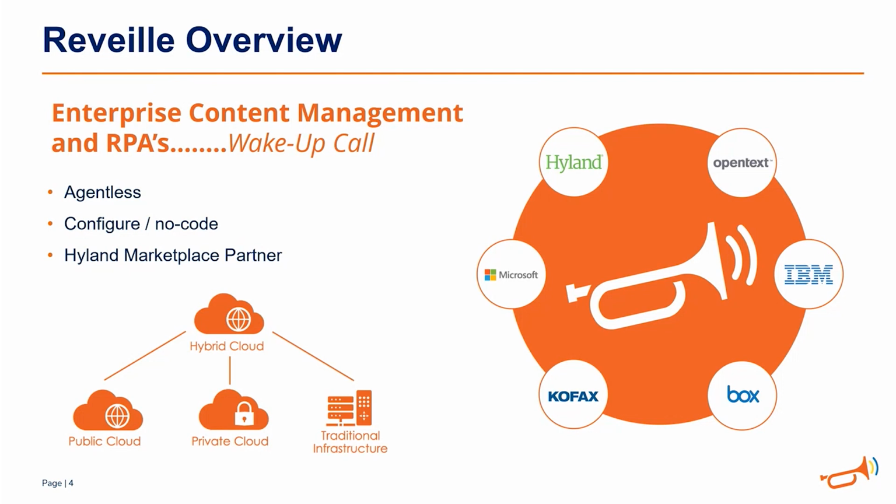What that means, and for you folks who were at Community Live, we focus on things like Hyland OnBase, Alfresco, and RPA, as well as solutions offered by OpenText, IBM, Box, Kofax, and Microsoft. So pretty much if your company and organization are utilizing leading edge content products for tier 1 and tier 2 applications, we have a monitoring solution for you.